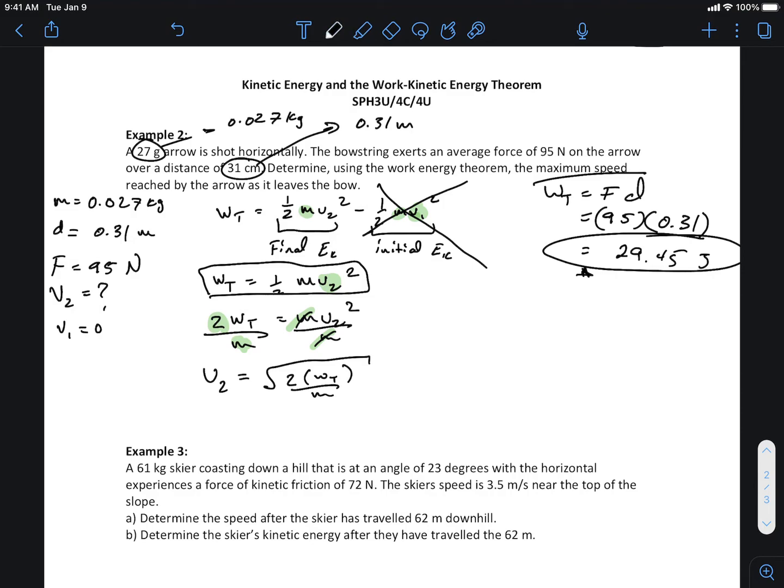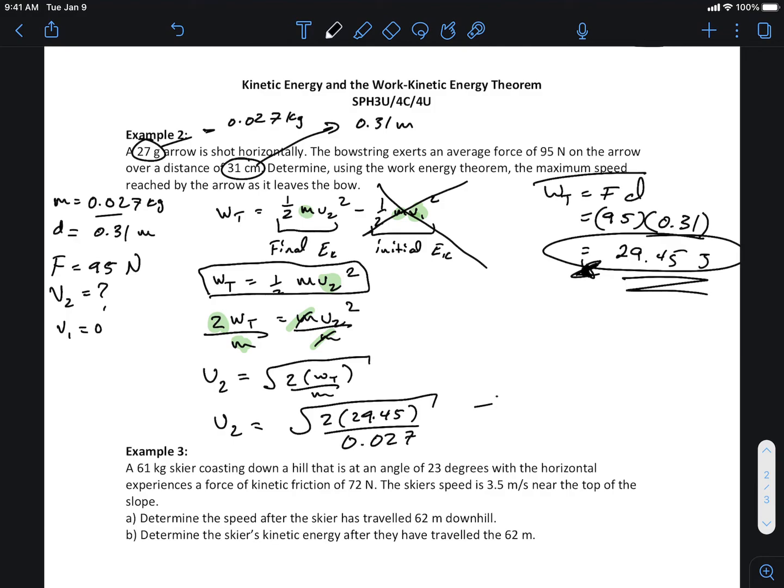Now you can plug in all the numbers that you know. Well, now you know WT, that's that number. You know the mass, there it is right there. So V2 is equal to the square root of 2 times 29.45 divided by 0.027.